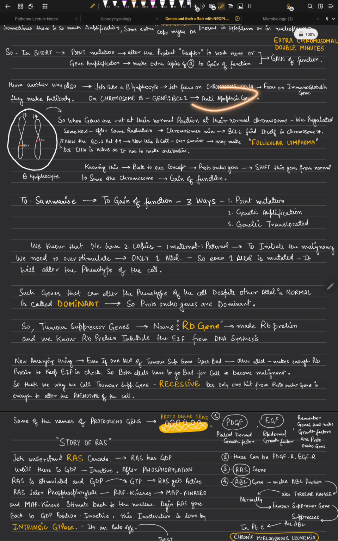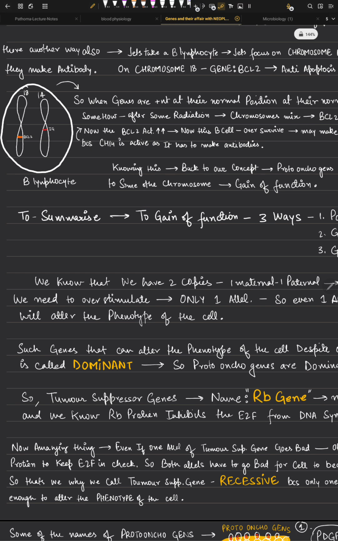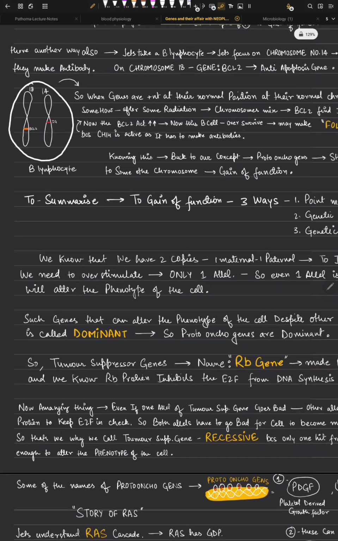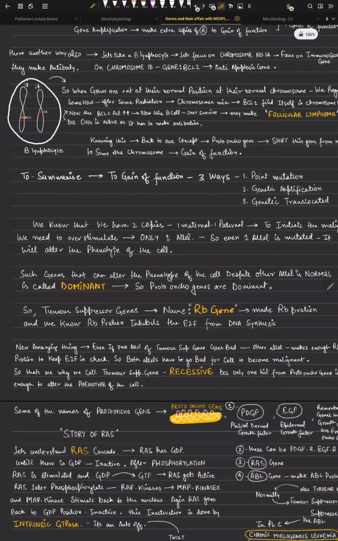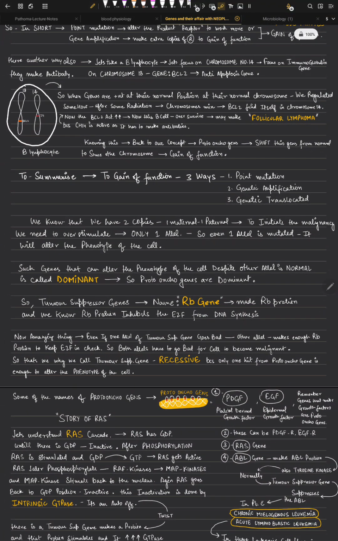So this is a very aggressive gene, very aggressive in its nature. We have chromosome 18 and chromosome 14. On 14 we have the immunoglobulin gene, and on 18 we have BCL2. When these genes are in their normal position on their normal chromosomes, they are well regulated, right?